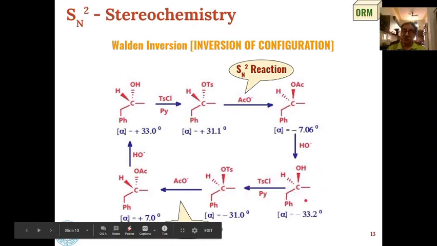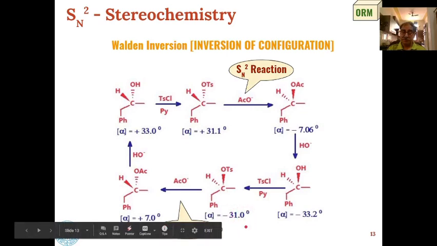So this will also remain levorotatory. The value is minus 31. And if we compare this tosylate and this tosylate, here this was dextrorotatory, here it is levorotatory.